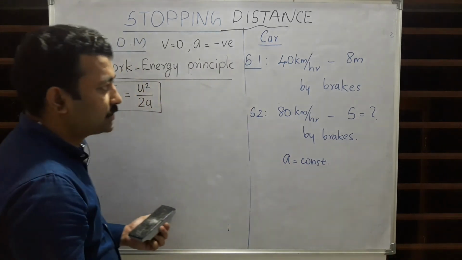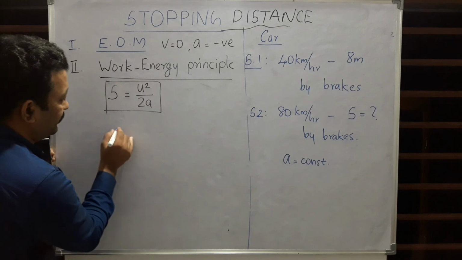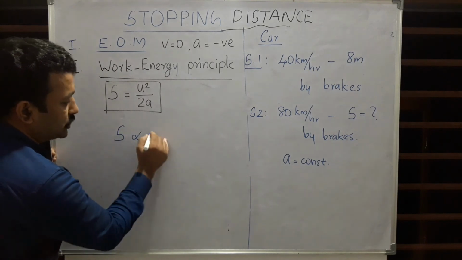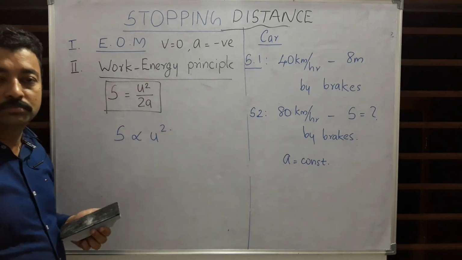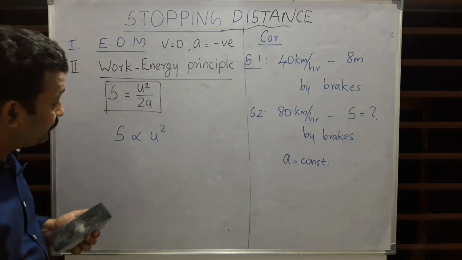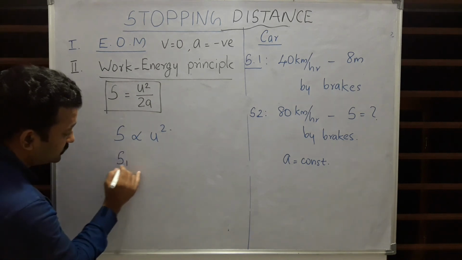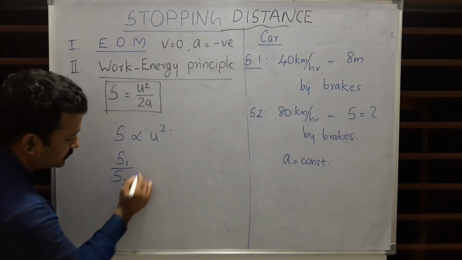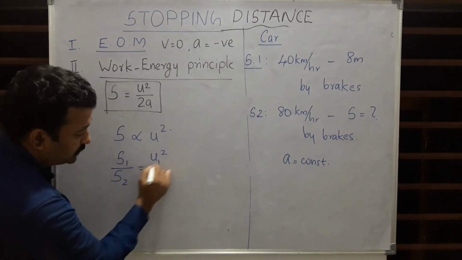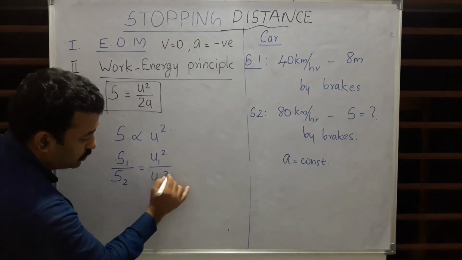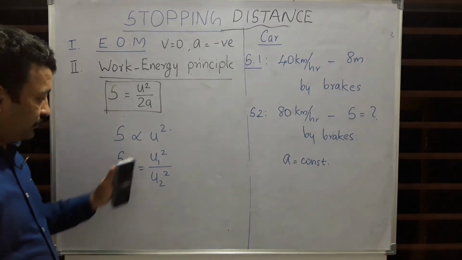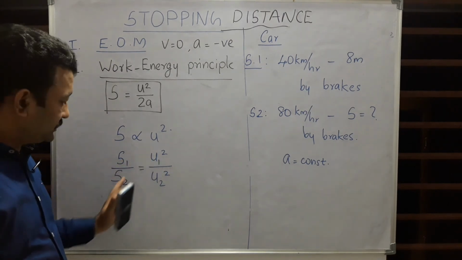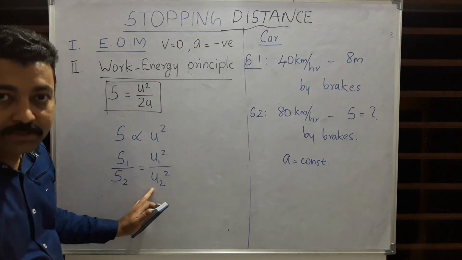When acceleration is constant, the stopping distance S is proportional to u square. The problem becomes very simple now. First situation divided by second situation is equal to u1 square divided by u2 square.